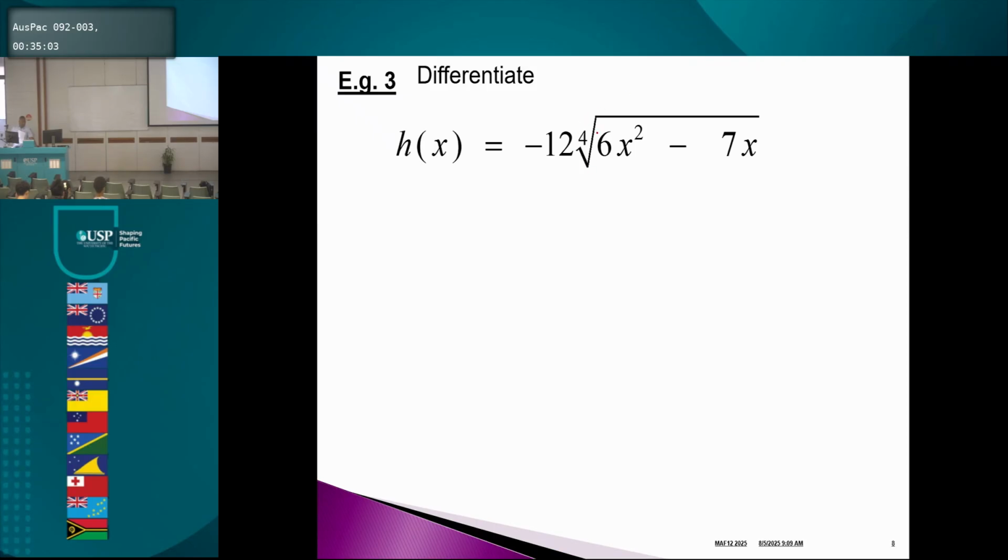To the power of 1/4, yes? Now, inner function. What's the inner function here? 6x squared minus 7x. Outer, negative 12 to the power of 1/4. Right? So h x, again, I'll give you 1 minute.